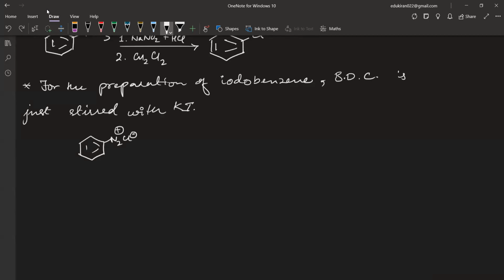Now when you're stirring it, you're adding some kind of heat. So you may also see heat and KI, and you're going to get iodobenzene. Please write this down. When I was doing this reaction, I did only KI. I didn't use heat. It is not a problem, right? It is stirred, so stirring is giving heat.